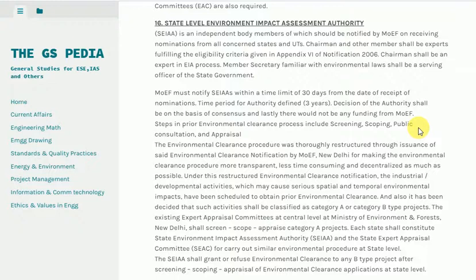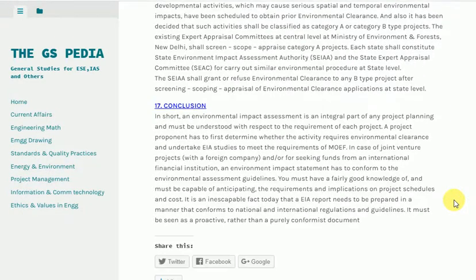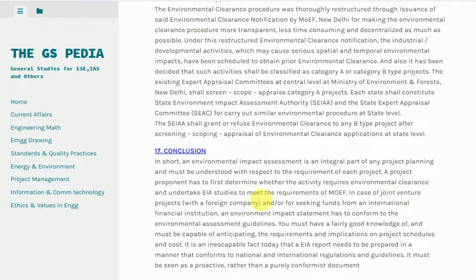17. Conclusion. In short, an environmental impact assessment is an integral part of any project planning, and must be understood with respect to the requirement of each project. A project proponent has to first determine whether the activity requires environmental clearance, and undertake ESE studies to meet the requirements of MEF.